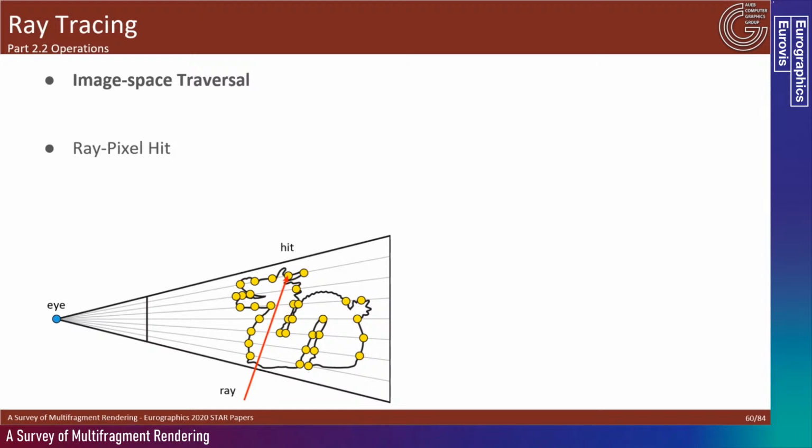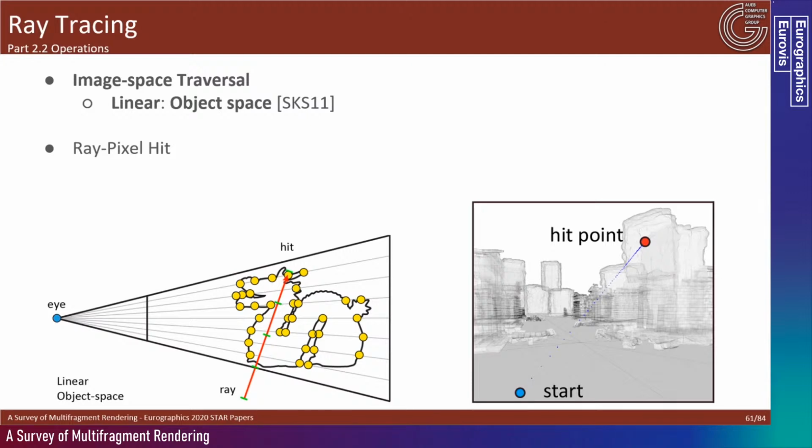Image space traversal is a critical part of image space ray tracing. Essentially, what it involves is the access of fragment lists at different and arbitrary pixel locations, allowing the propagation of rays within a visual environment. This has been widely used in single layer techniques originally, with the most simple and efficient one being the object space linear array merging.